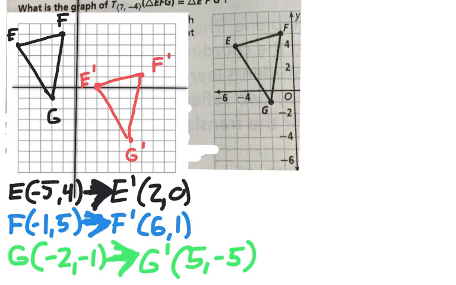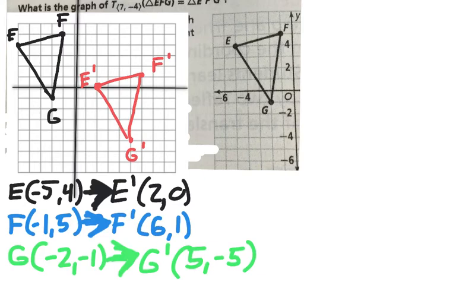If I go down 4, 5 minus 4 is 1. If I go right 7, that puts me at 5. If I go down 4, negative 1 minus 4 is negative 5. So we can do these translations without actually graphing them.